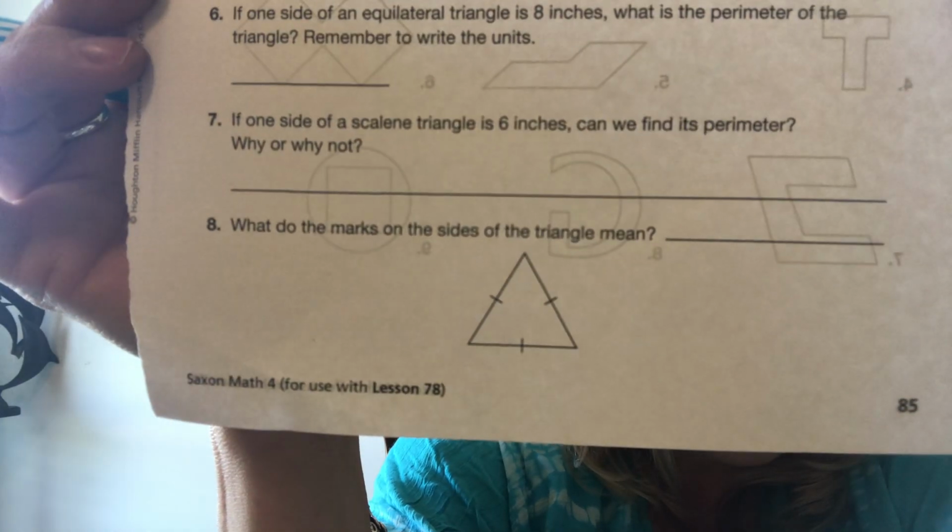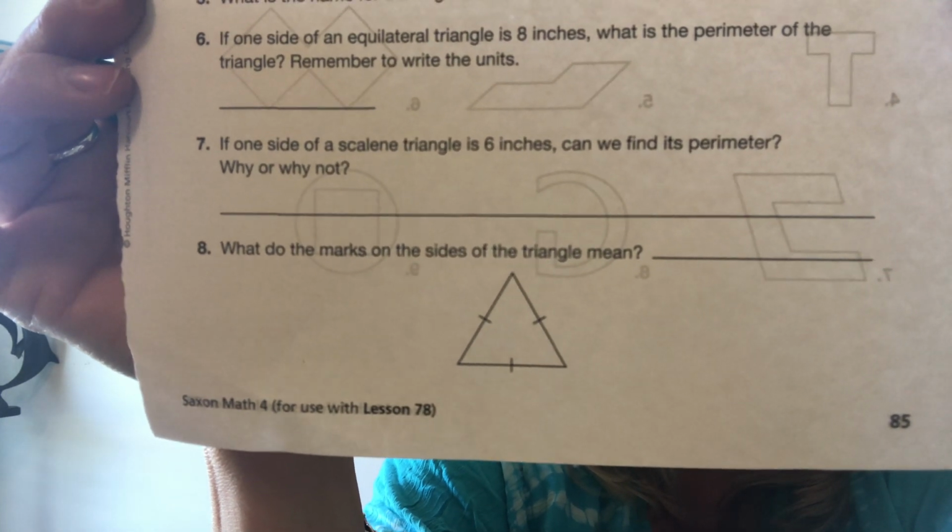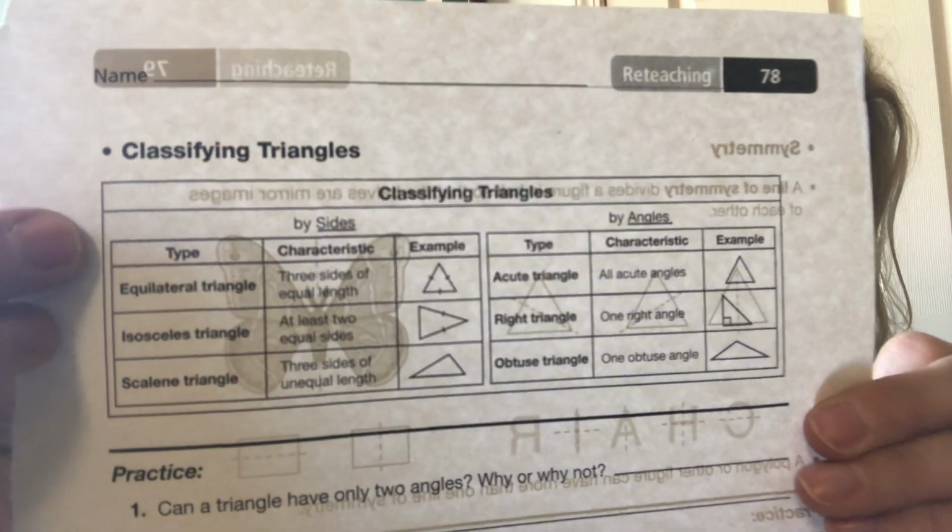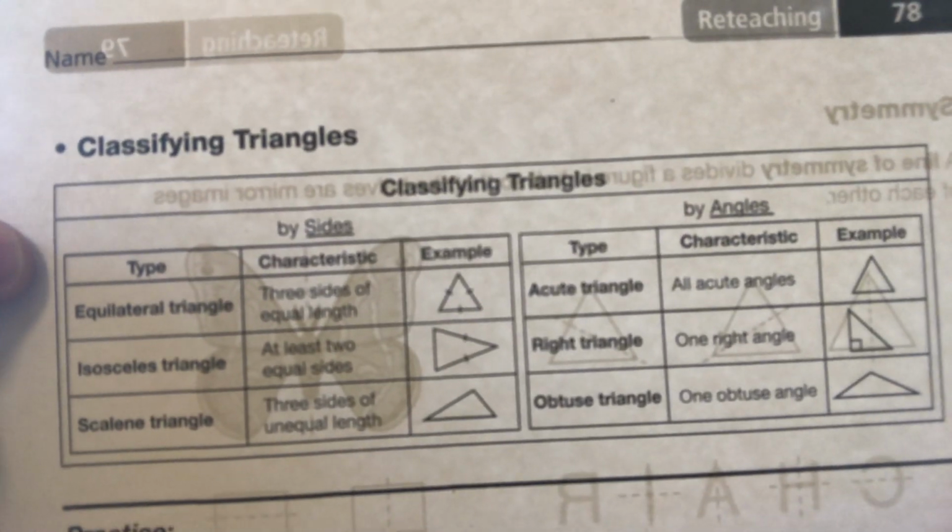All right, and number 8. What do the marks on the side of this triangle mean? And I don't know that we've gone over it, but it means that they are equal, okay? And if you look at that equilateral triangle and you look up here where it says equilateral, it's also the same shape, right?